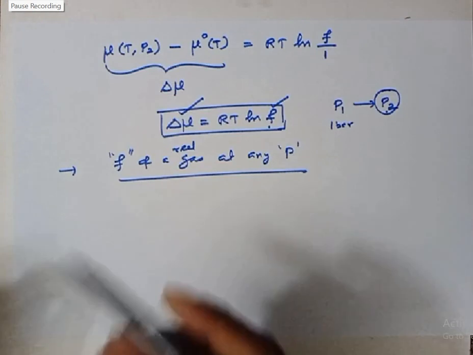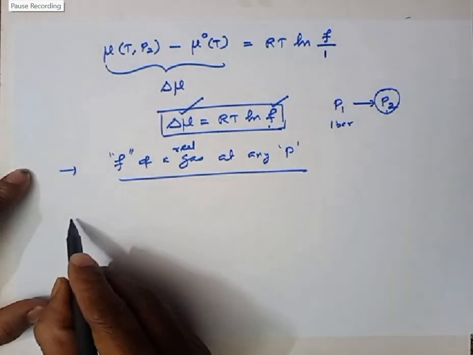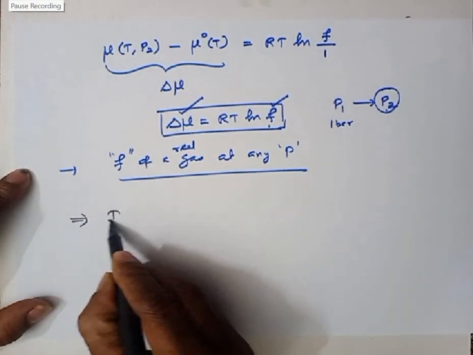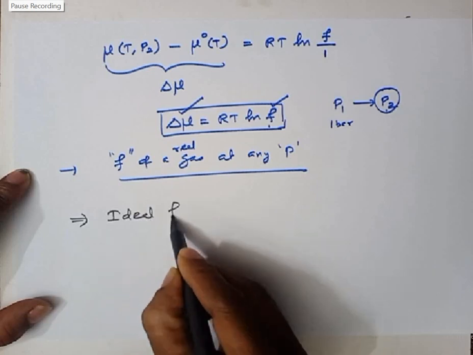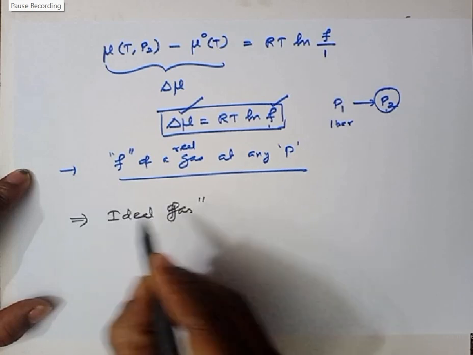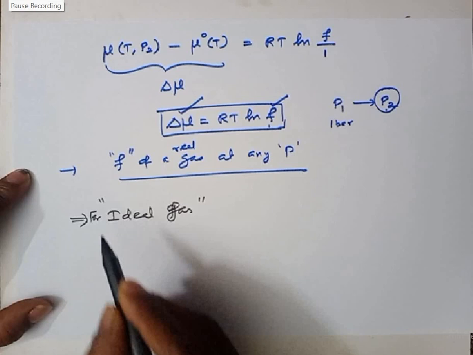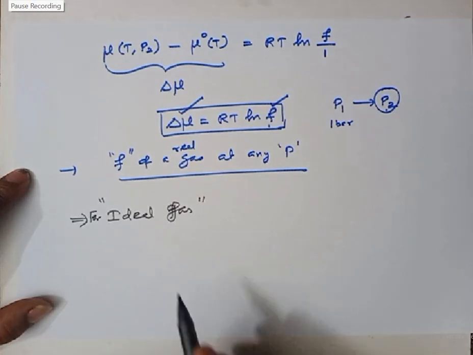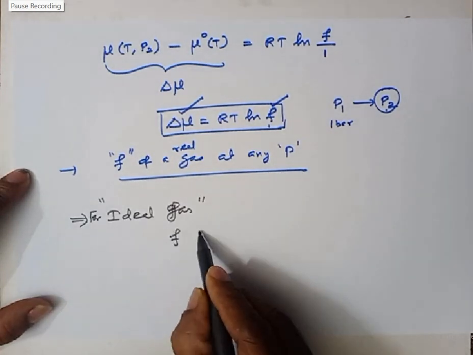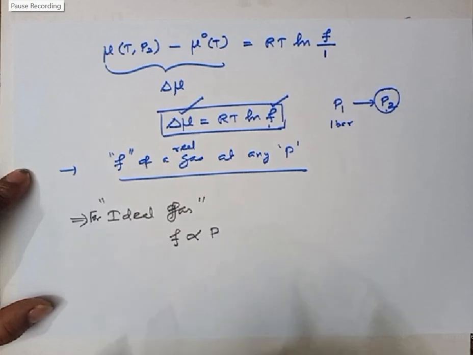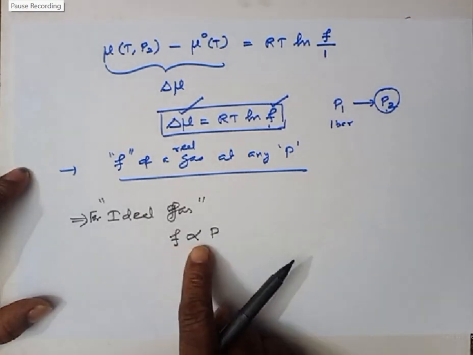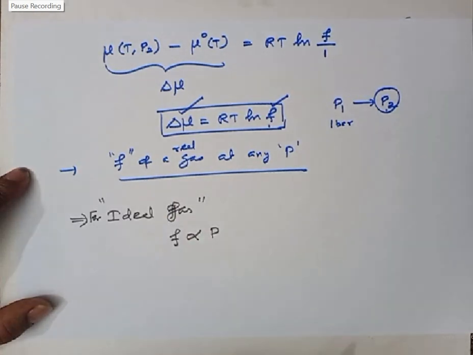Based on this, we are going to define fugacity, right? What is that? Listen, in the case of ideal gas, observe this carefully. For ideal gas, fugacity is directly proportional to pressure. Fugacity is proportional to pressure for ideal gas.